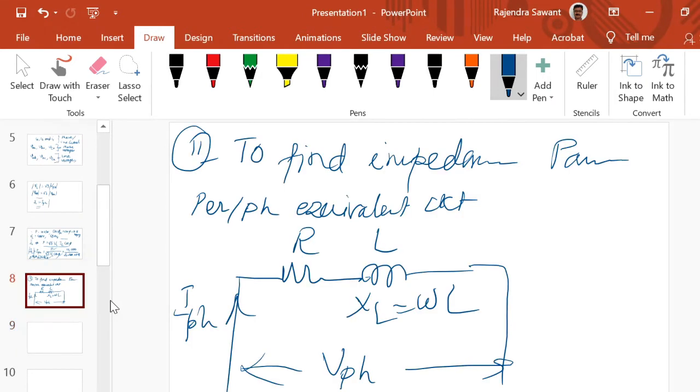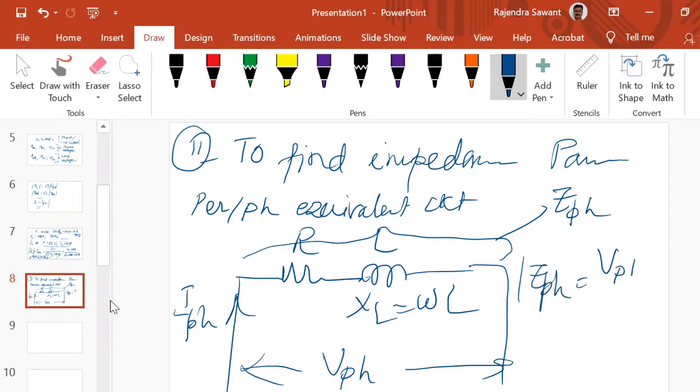From this branch we get ZPH, the per phase impedance. So the magnitude of ZPH is equal to VPH upon IPH.